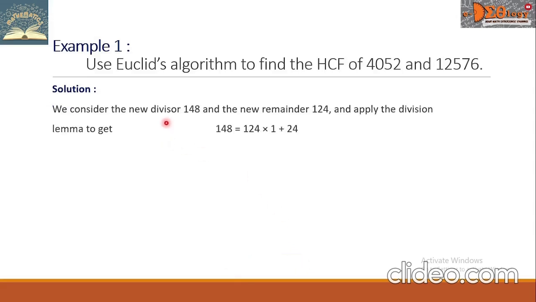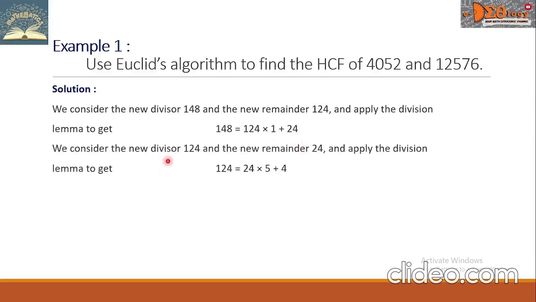We consider the new divisor 148 and the new remainder 124. So we divide 148 by 124. So we get this equation. 148 equals 124 times 1 plus 24.